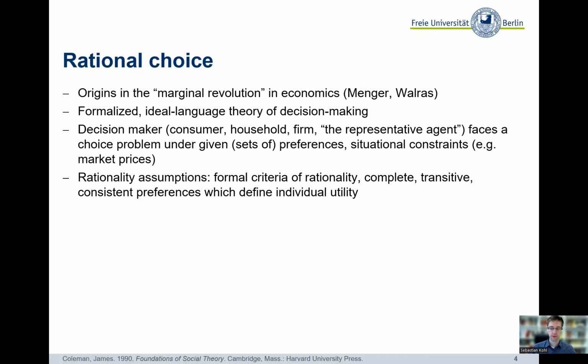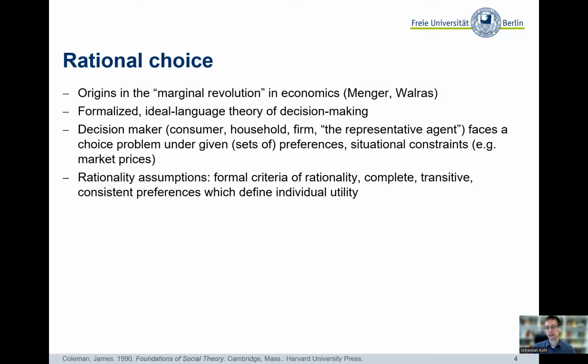Here we are dealing with a theory that is purely relying on formal criteria of rationality. It does not make any substantive ethical statements about which goals, which preferences are good or bad. And this may be a criticism of the theory, right? But for now, let's accept it as it is.